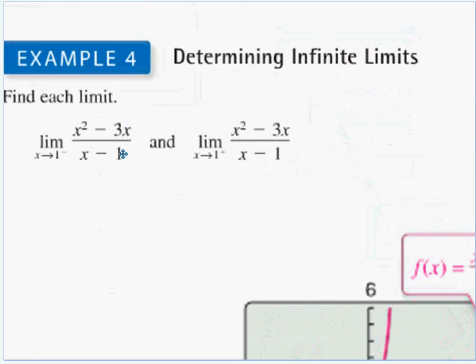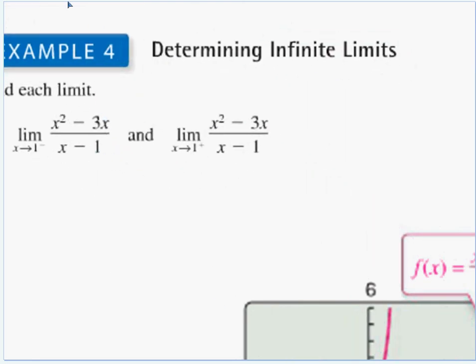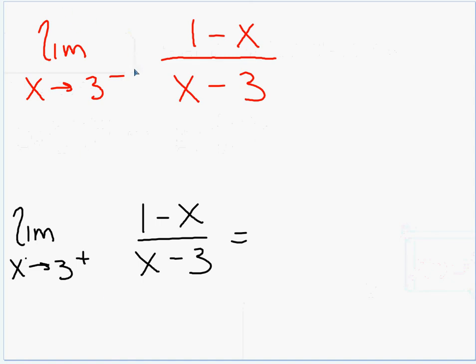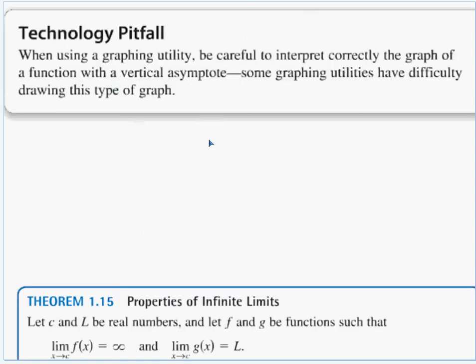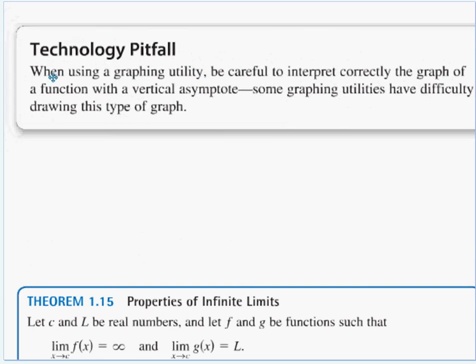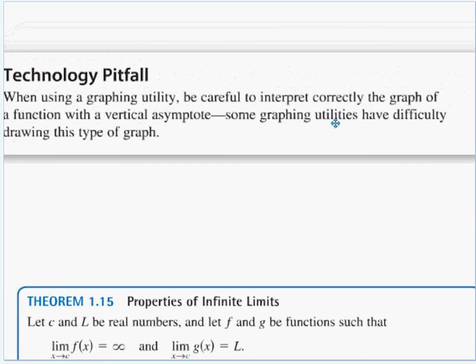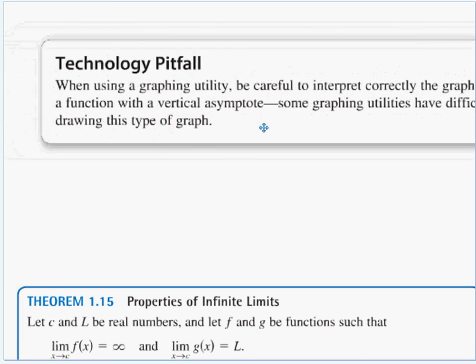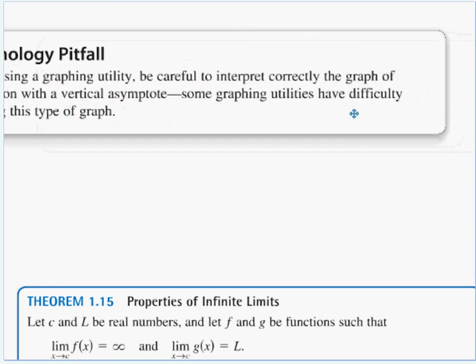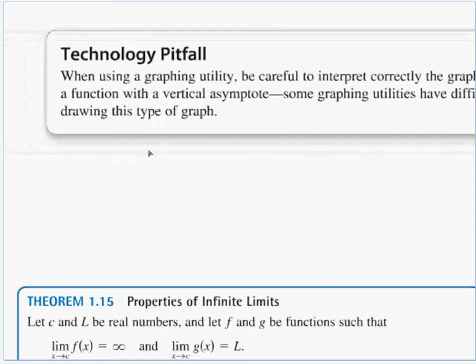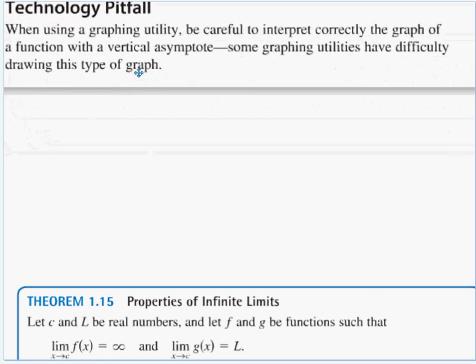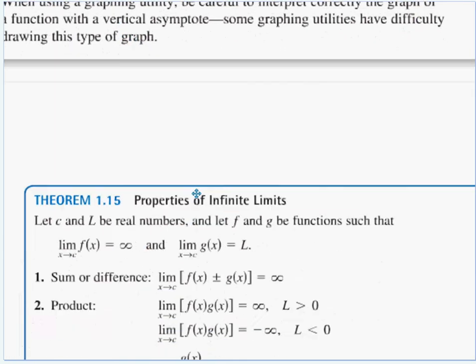Just find the limit. I think I made these up, and that might have been a warm-up from a previous year, so let's skip by that. The technology pitfall: when you're using a graphing utility, be careful to interpret the graph correctly of any function with a vertical asymptote. Some graphing utilities have difficulty drawing that type of graph, and the TI-89 is no exception.